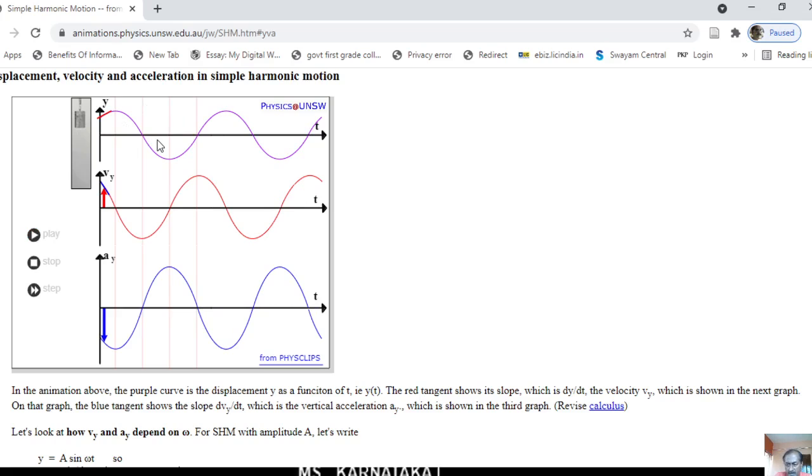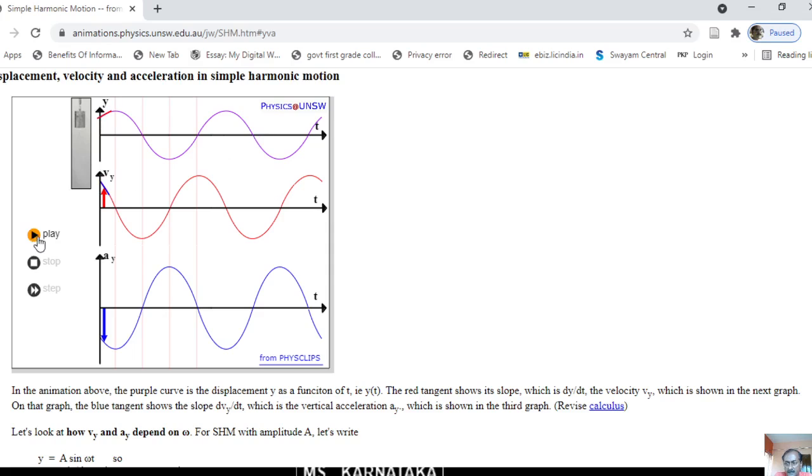The purple curve is the displacement y. Here the red mark shown in the sinusoidal waveform is the tangent. The purple curve is the displacement y as a function of time t, that is y of t.